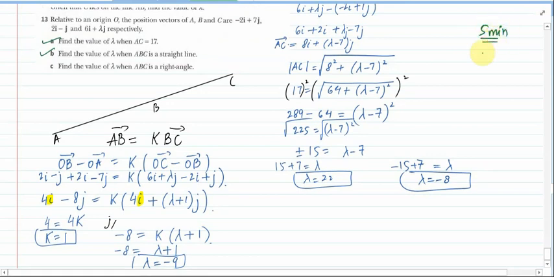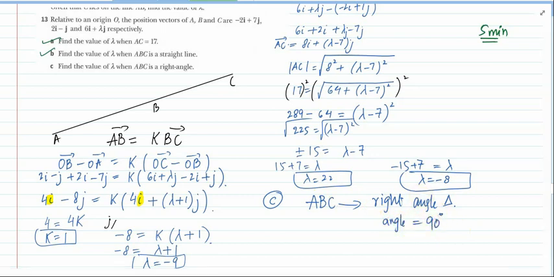So start. Alright class, in the last part, part C, it says find the value of lambda when ABC is the right angle triangle. For a right angle triangle we know that the angle is equal to 90 degrees, and 90 leads to the lines being perpendicular.